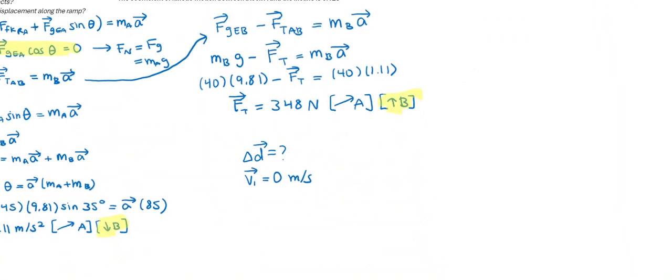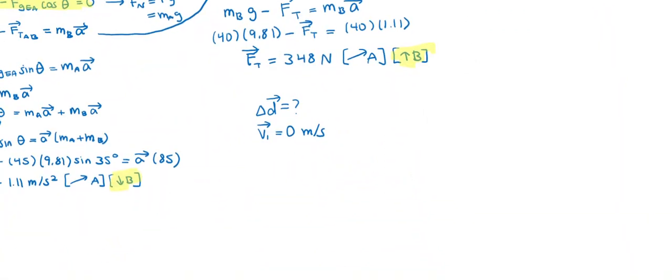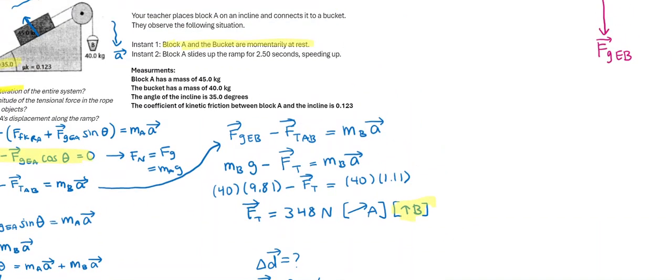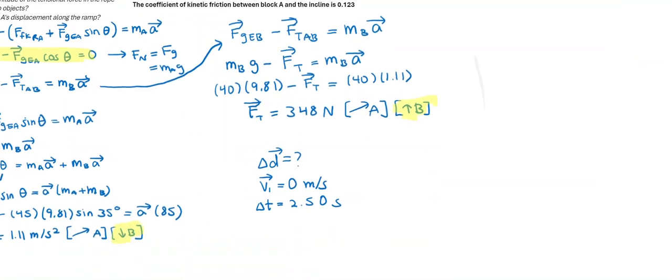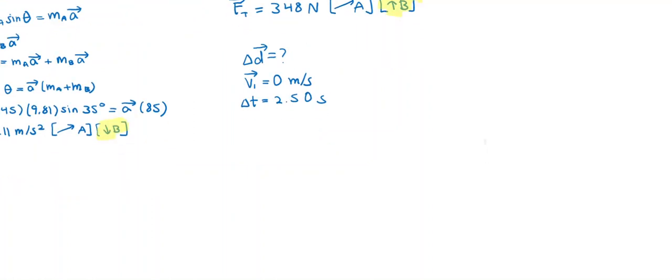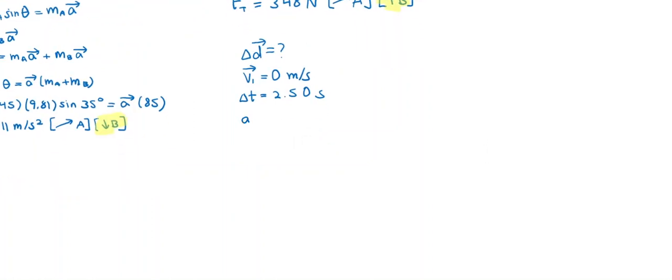So that's going to be 0 meters per second. Our time is 2.50 seconds because it tells us it's sliding up for 2.5 seconds. And then we also have the acceleration, 1.11 meters per second.